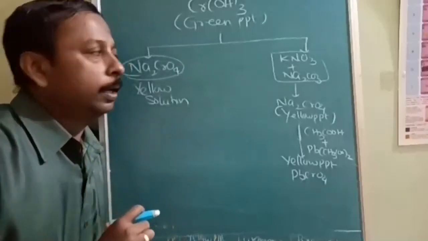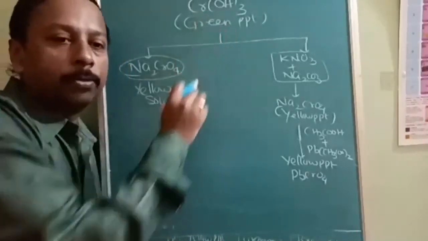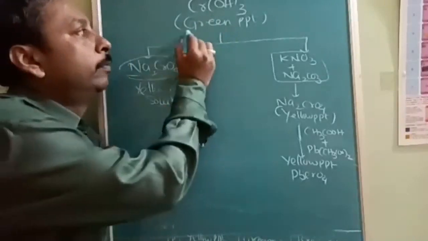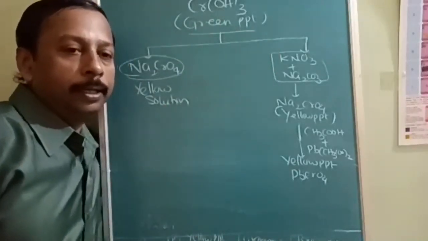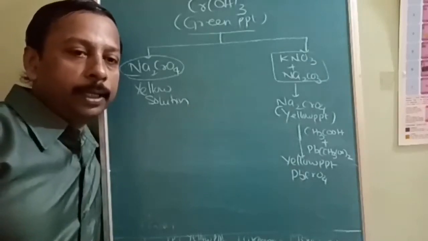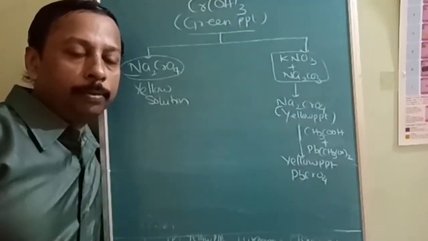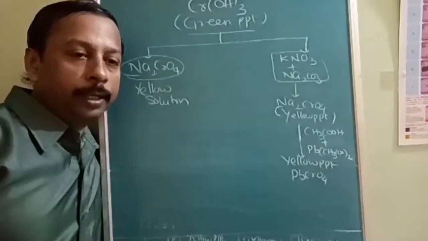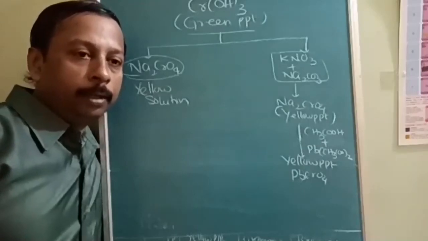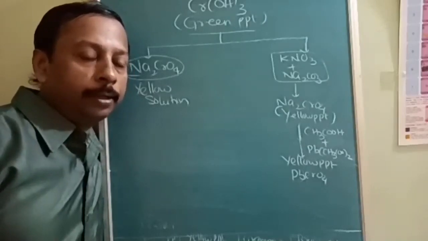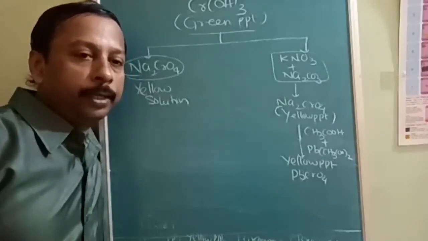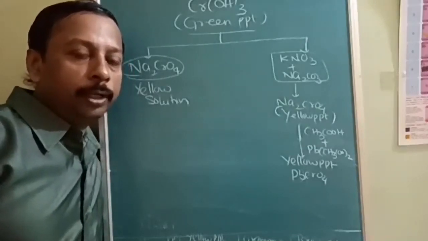Okay, this third algorithm is for chromium, Cr(OH)3. It will form a green precipitate. Like in the previous cases, iron and aluminium are converted into soluble chlorides, but here it is not so. It is converted into sodium chromate.